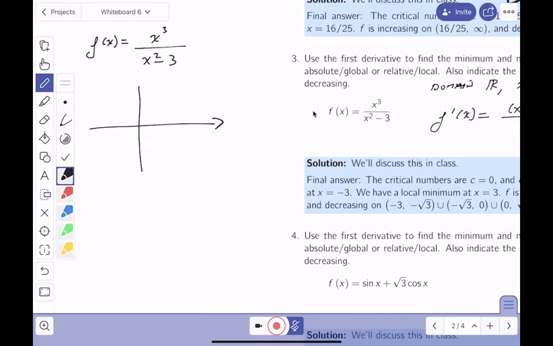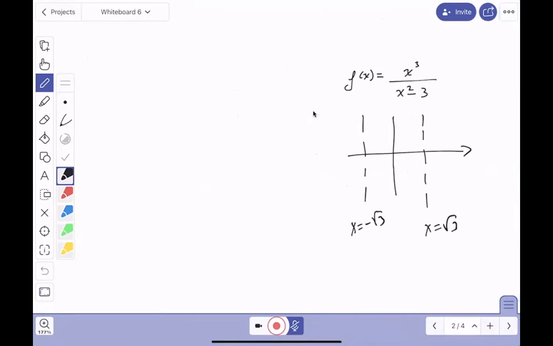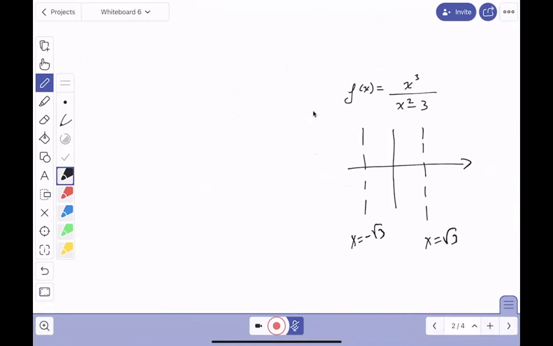You would have put asymptotes down. The asymptotes would be this: x = √3 and x = -√3. You would have done a long division. I'll do that for you. So it's going to be x² - 3. And why is that? The degree at the top is 1 more than the bottom.